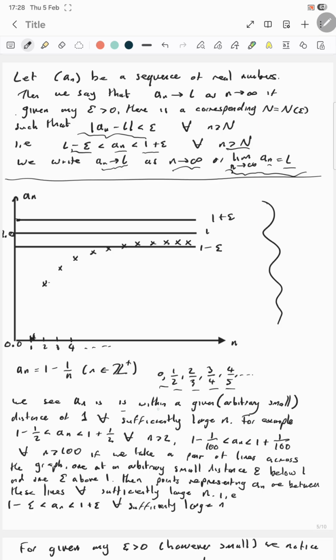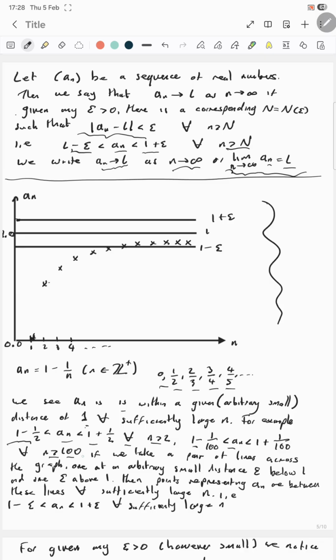So we see that a of n is within a given arbitrary small distance of 1 for all sufficiently large n. For example, 1 minus 1/2 is less than a of n, which is less than 1 plus 1/2 for all n greater than 2. And 1 minus 1 over 100 is less than a of n, which is in turn less than 1 plus 1 over 100.